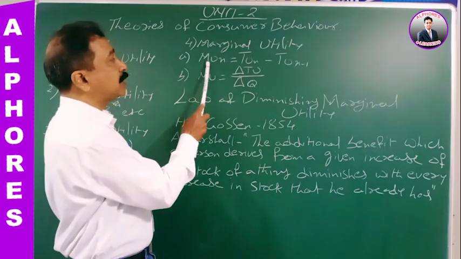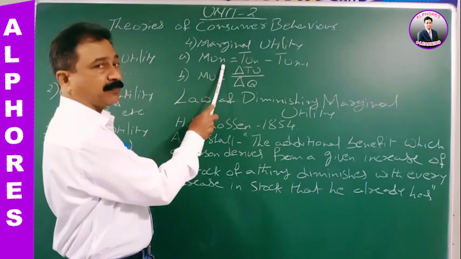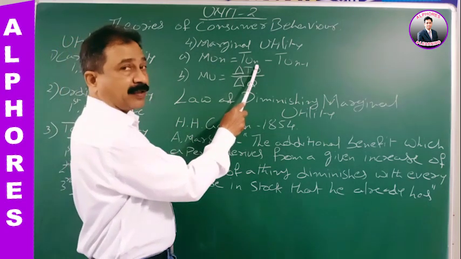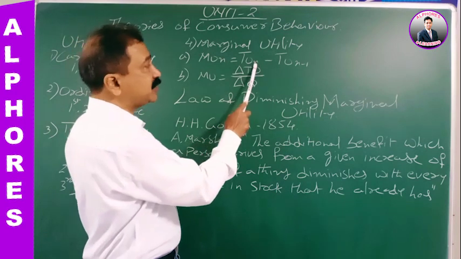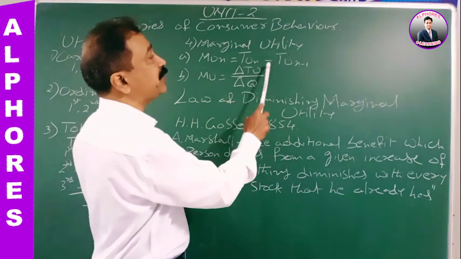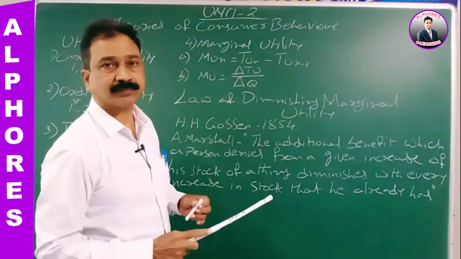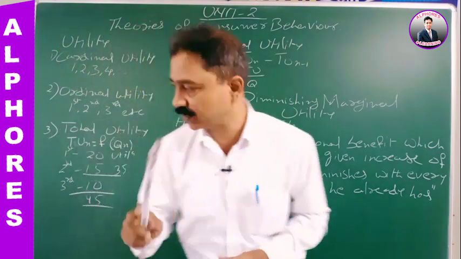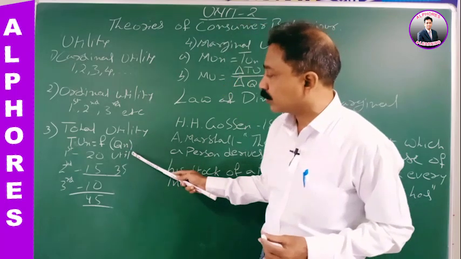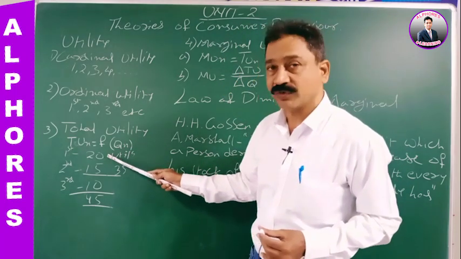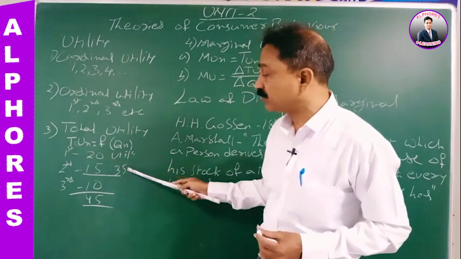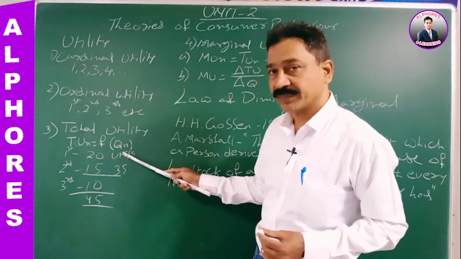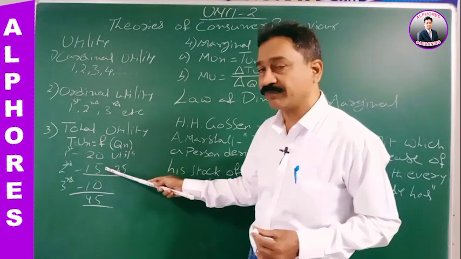One is: marginal utility of the nth commodity equals total utility of the nth commodity, TUn, minus the previous one, TUn-1. Then you will get the additional utility. For example, the first one is 20 and TUn is 35. 35 minus 20 is equal to 15.